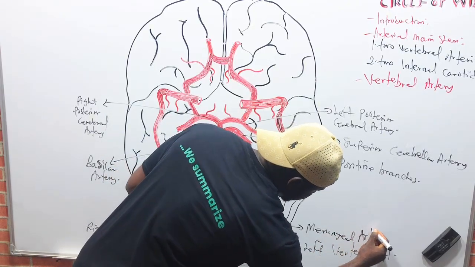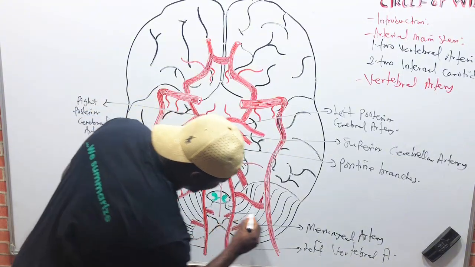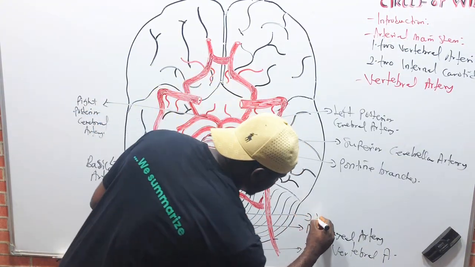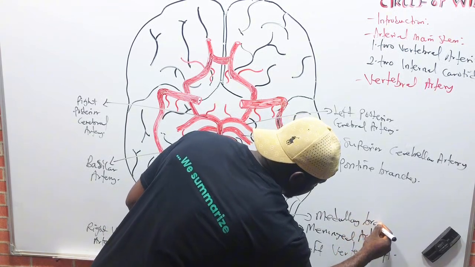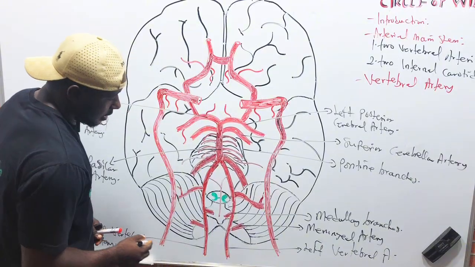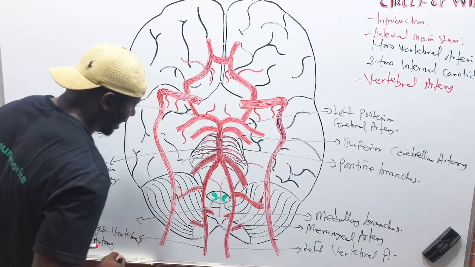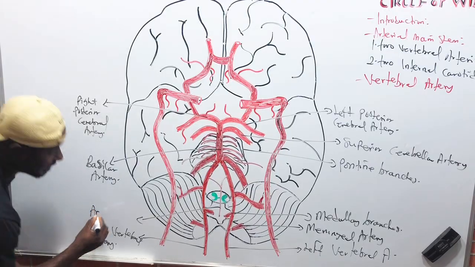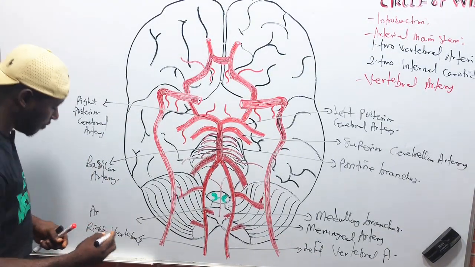And these are called the medullary branches. This branch here is called the anterior spinal artery. These are the branches that the vertebral artery gives off.